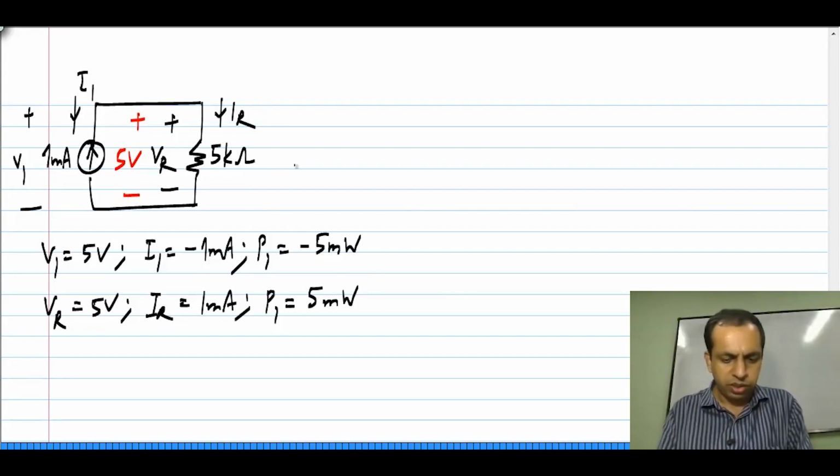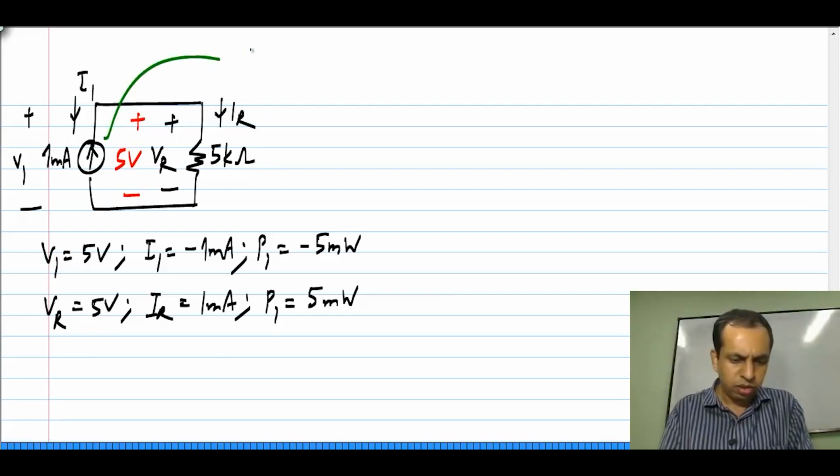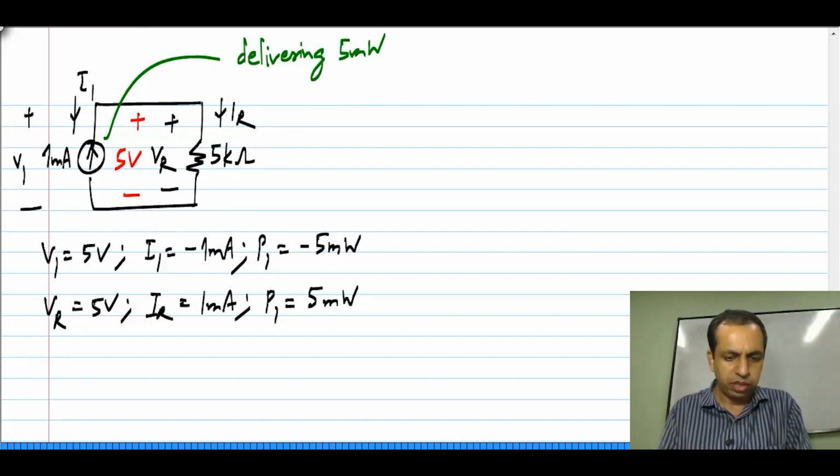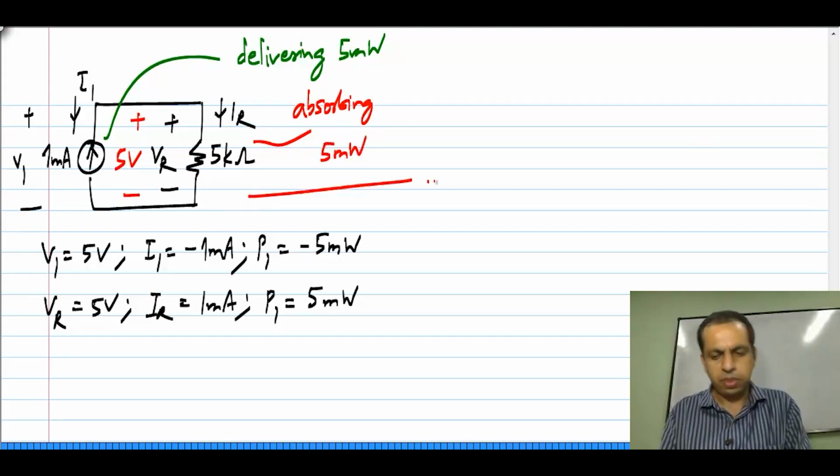So, the current source in this case is delivering 5 milliwatts or absorbing minus 5 milliwatts, and the resistor is absorbing 5 milliwatts.